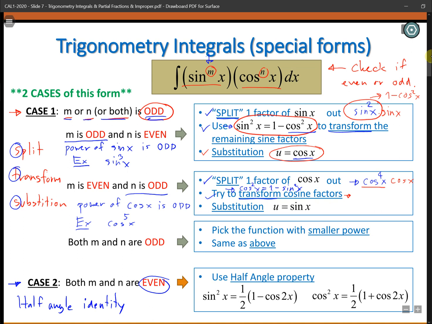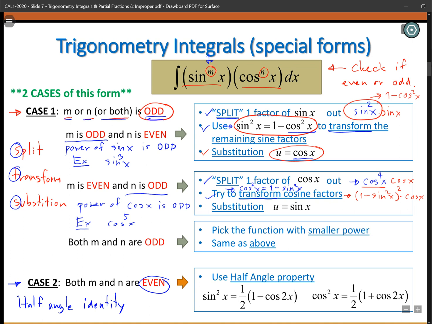It's going to be, well, I'm going to put everything here. 1 minus sine of x squared. So this is going to be cosine x squared. So I put 2 right here, and that should become cosine of x to the power of 4 times cosine of x, the one that we split out in the first place.